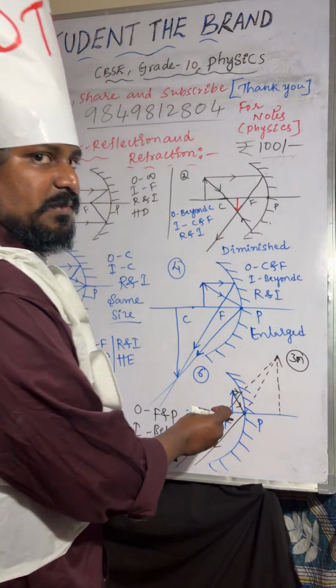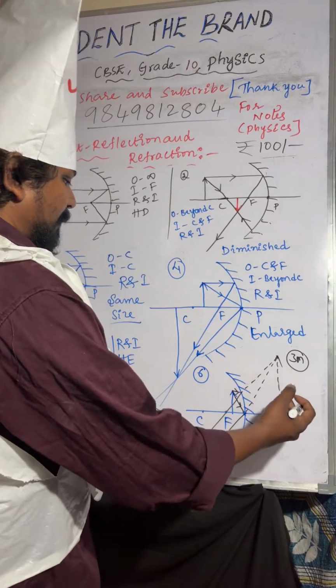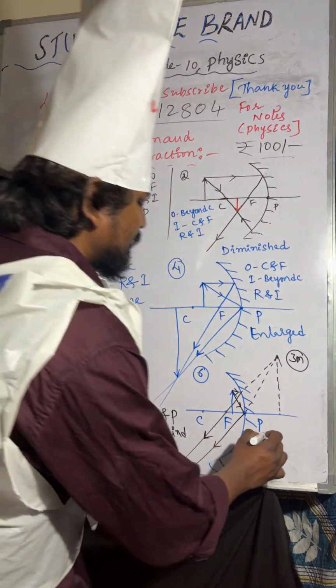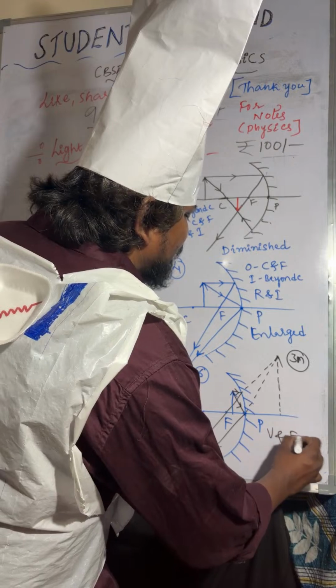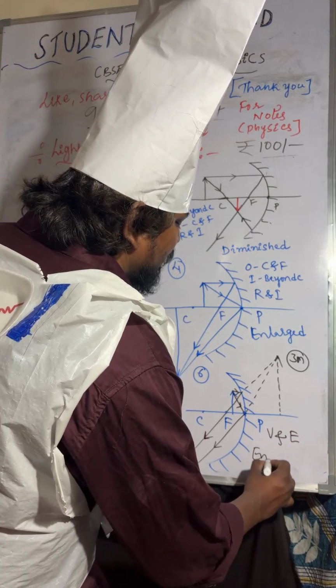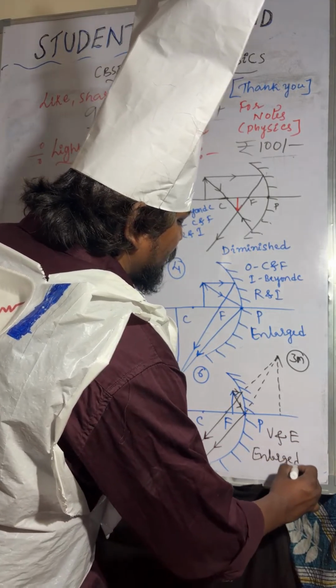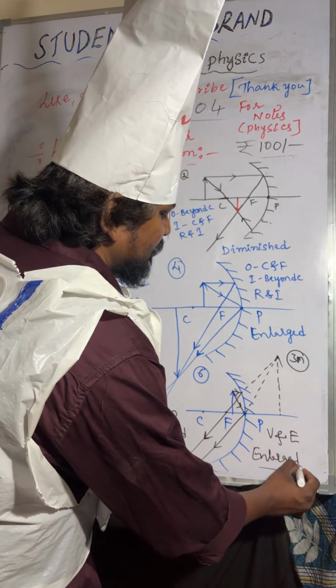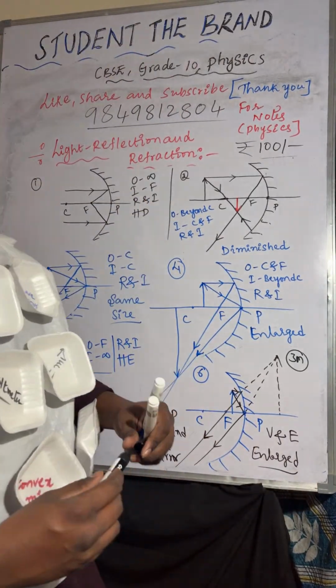So the object is placed between F and P, and the image is formed behind the mirror. The nature of the image is virtual and erect, and the size of the image is enlarged. Compared to the object, the image size is increased.